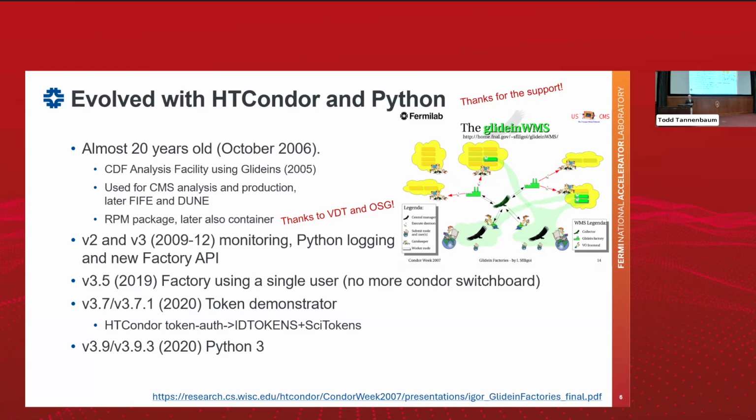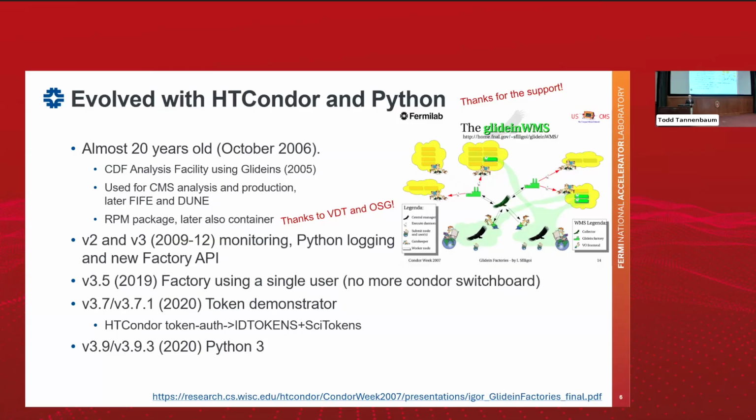One of the goals is always to maintain smooth operation. So we went through some iteration of the protocols, one recently, two previous, but we have always maintained so that the components can be updated one at a time, and they are backward compatible. So the software aims also to evolve with Condor and Python, adopting new features and taking advantage of them.